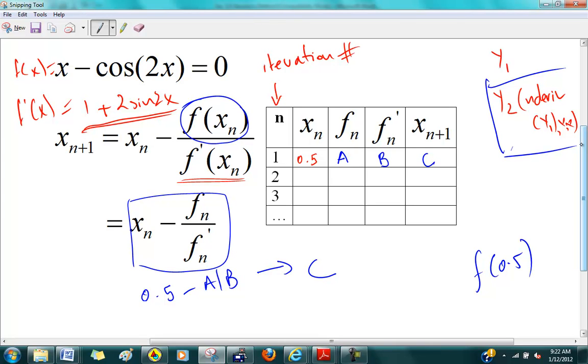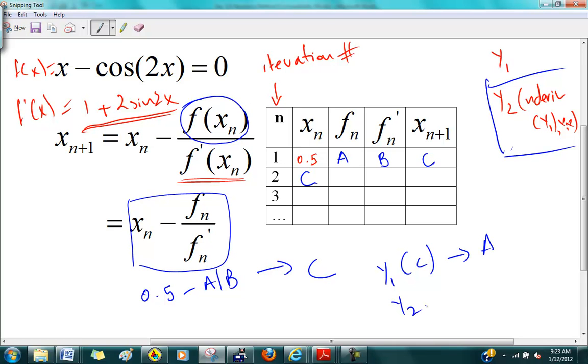Okay, now what you're going to do is start out with whatever you stored in C, and repeat the process. You're going to do y1 of C now, because that's your starting value, and put this in A. So you'll replace A with it.